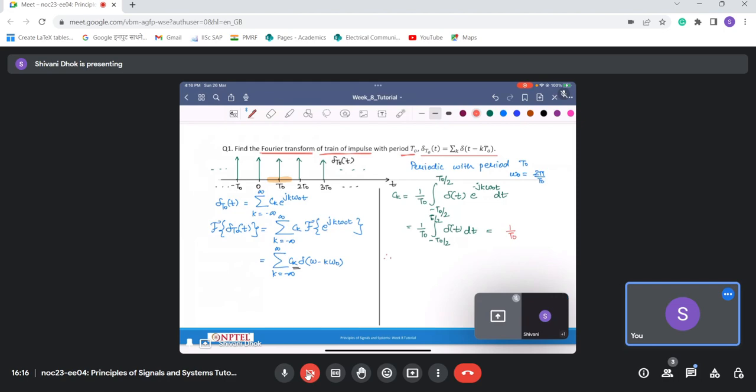Therefore, the Fourier transform of e power j k omega naught t is basically 2 pi into this unit impulse.